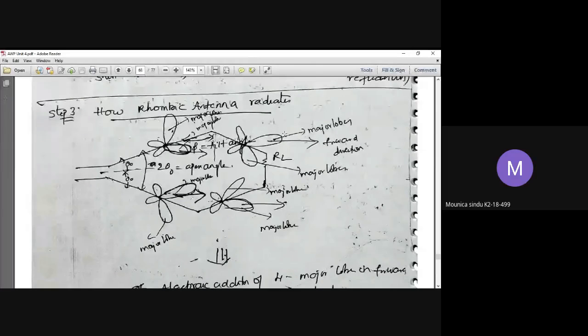Okay. So now we can go into how the rhombic antenna radiates. Here there are 4 antennas: longer antenna 1, longer antenna 2, longer antenna 3, longer antenna 4. One end is terminated with a feed, and the other end is terminated with the load resistance.